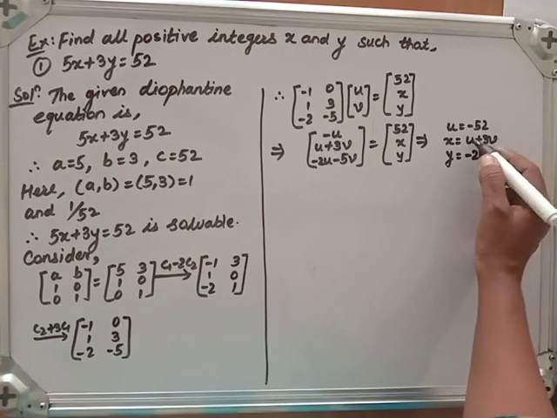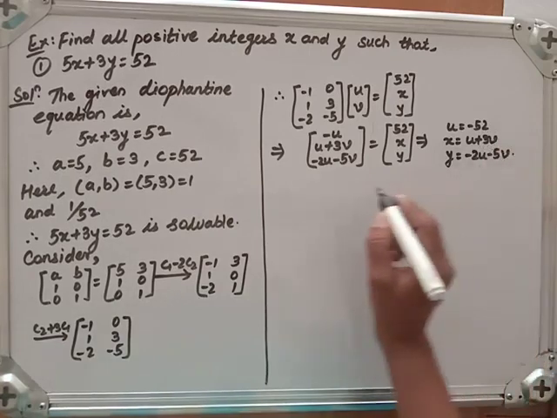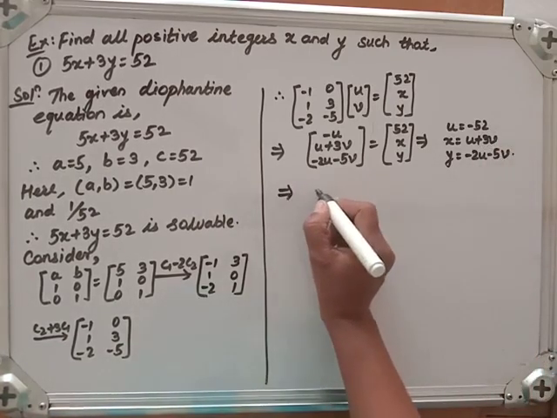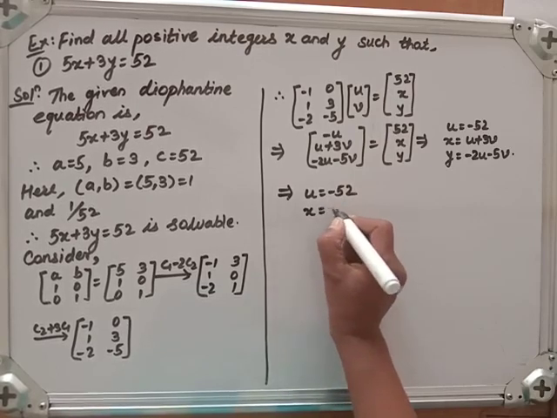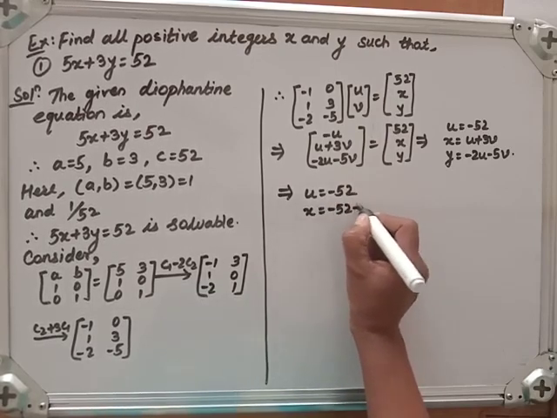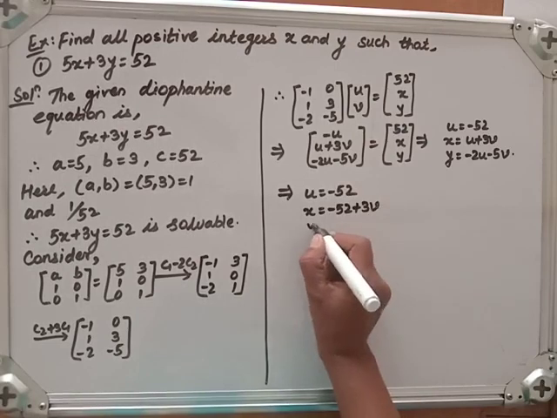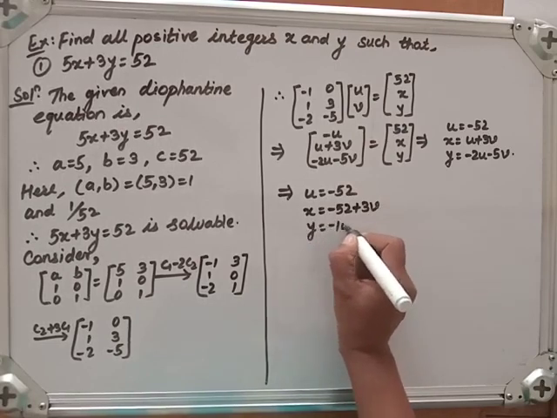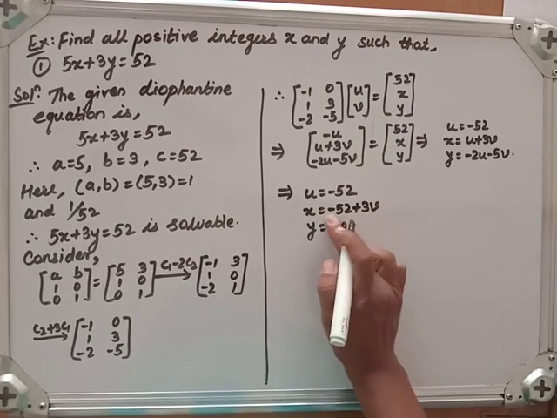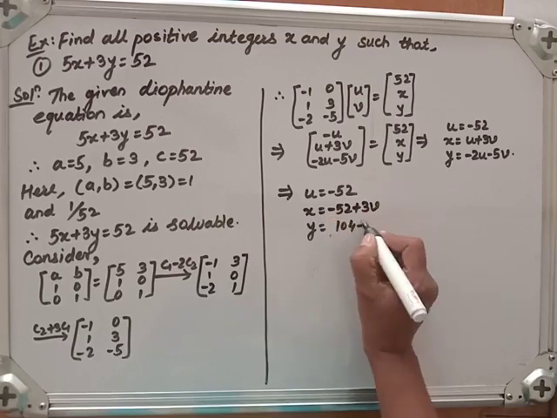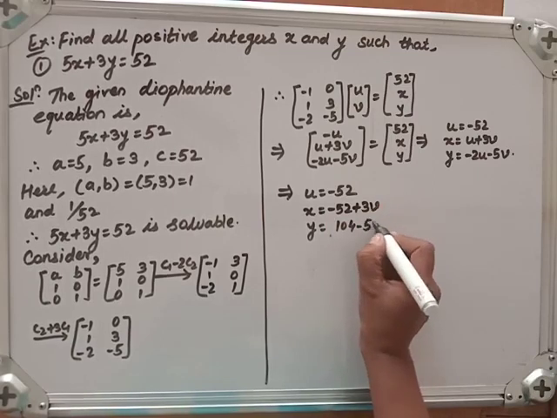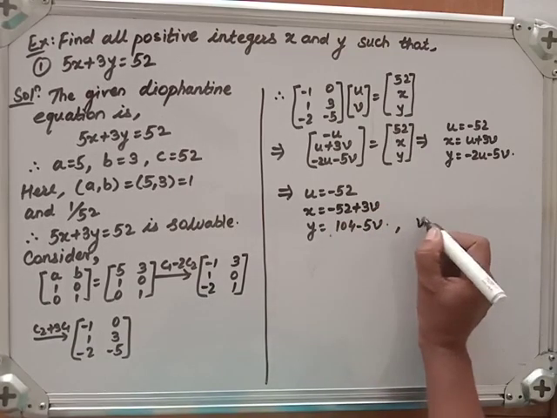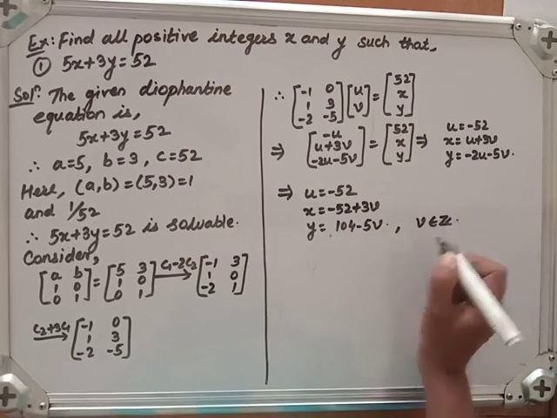Putting the value of u, x becomes minus 52 plus 3v and y becomes 104 minus 5v, where v belongs to the set of integers.